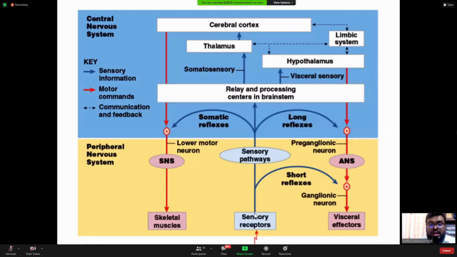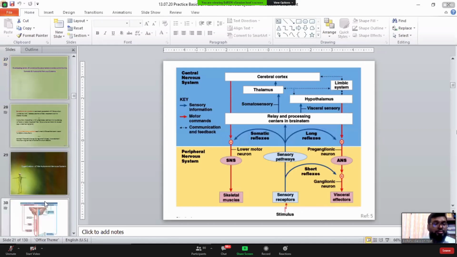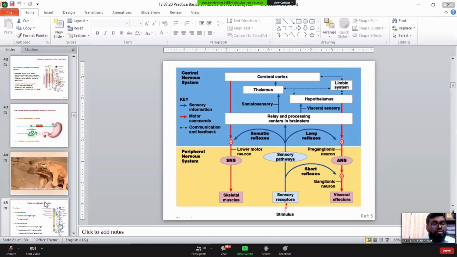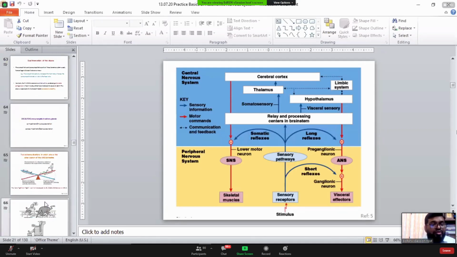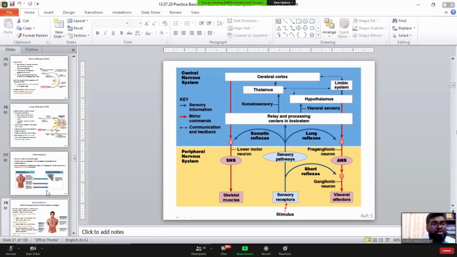But when these stimuli enter into the central nervous system, and there the reflex is done, that is called long reflexes. That involves the central nervous system, and that is actually maintaining the relationship of the total system even with other systems. Let us go back to the slide where we had been. So this is the difference between the long reflex and short reflex.